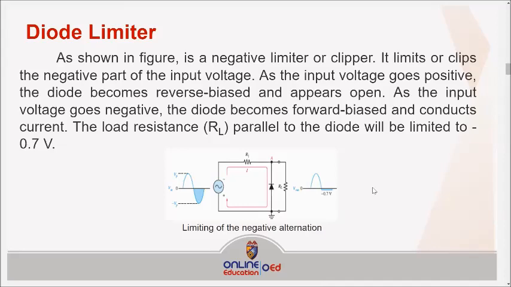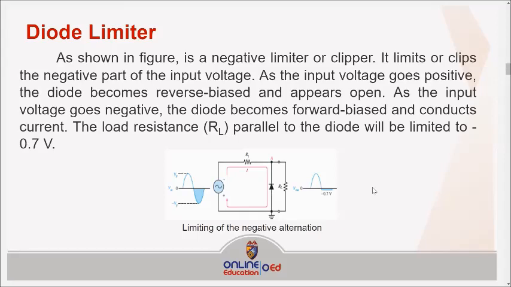Ito naman yung kabaliktaran, kasi kanina ang nakakat is yung positive. Dito naman ang nakaklip is yung negative na value na 0.7 volts, or na-limit yung 0.7 volts. Okay? As the input voltage goes positive, the diode becomes reverse bias. Paano ma-clip yung negative?